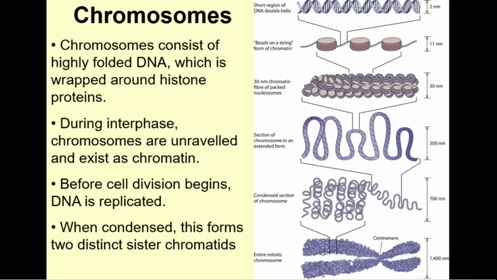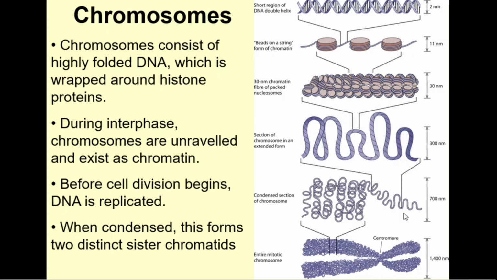So these two are exact copies of themselves, so we refer to them as sister chromatids. And you can see that they are joined up here at a part called the centromere. This top part is one chromatid, and this bottom part is the other chromatid. They are sister chromatids because they are identical copies of each other that were created during the S stage of interphase. And the two sister chromatids are connected at the centromere.